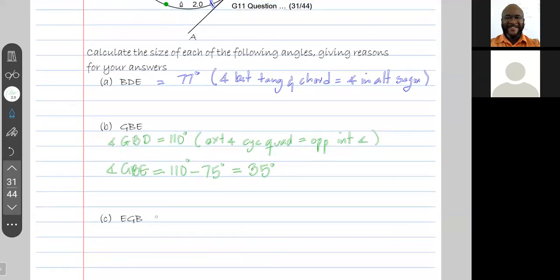So angle EGB is equal to 180 minus 77. This is equal to 103 degrees. They are opposite angles in a cyclic quadrilateral. Opposite angles in a cyclic quadrilateral are supplementary. They add up to 180 degrees.